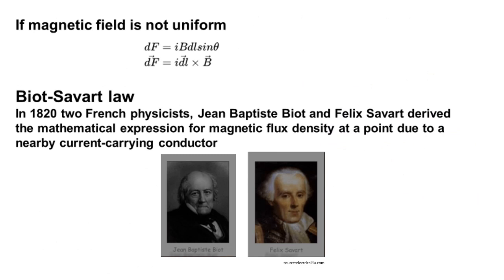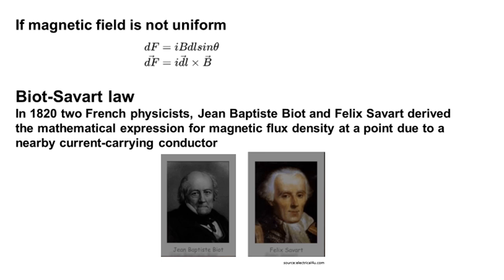If the magnetic field is not uniform or the conductor is not straight, in that case dF equals IB dL sine theta, and in vector notation vector dF equals I vector dl cross vector B.